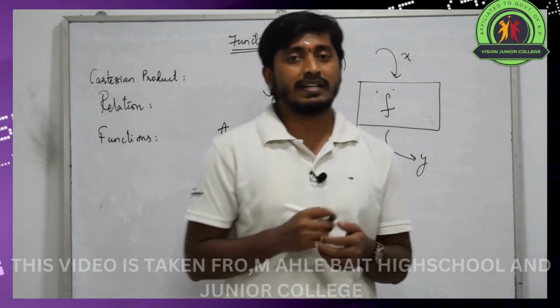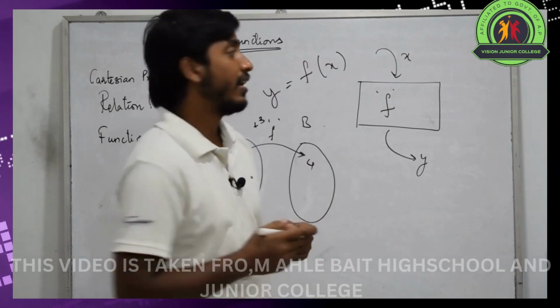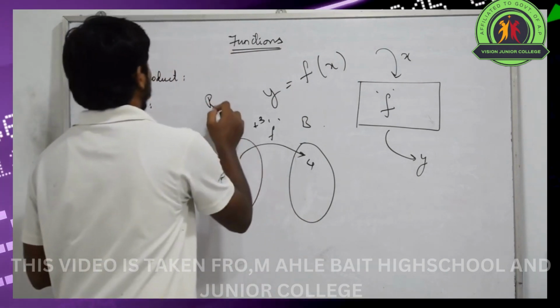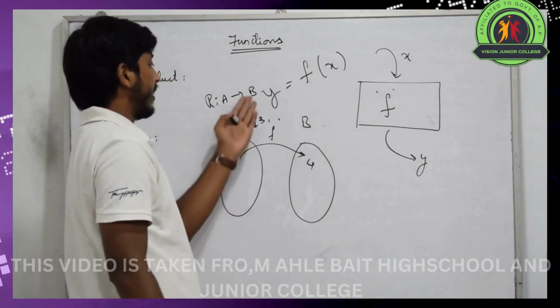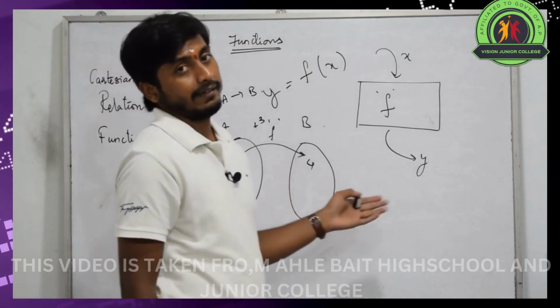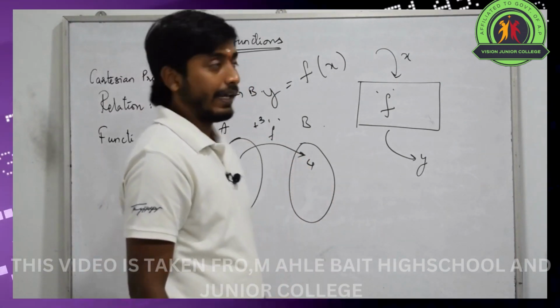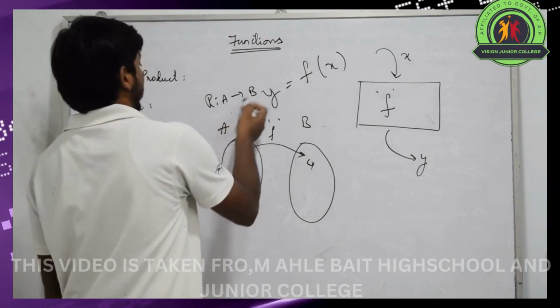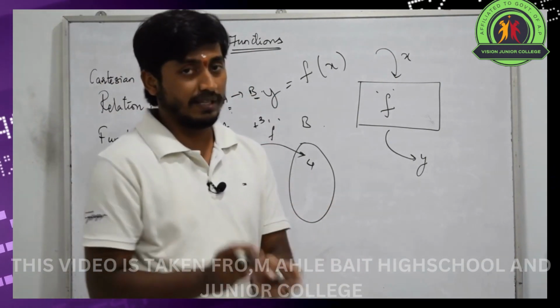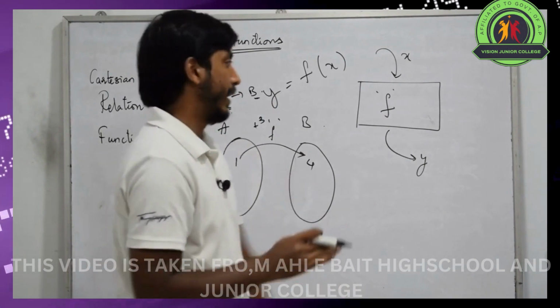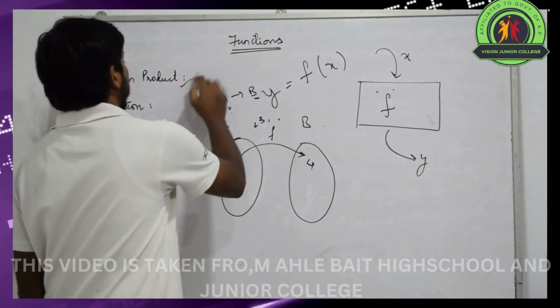Then how do we represent a relation? A relation is always given as A to B, where this is the first set and this is the second set. This can have one way and this can have another. We will discuss all those when it comes to the discussion of function. Next, what is this Cartesian product?